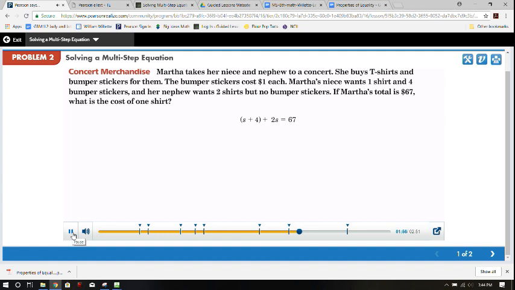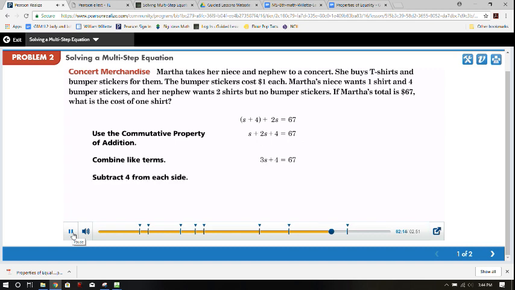Now you can solve this equation to find S. First, remove the parentheses. Then use the commutative property of addition to reorder terms. Next, combine like terms. Then subtract 4 from each side. Now simplify.